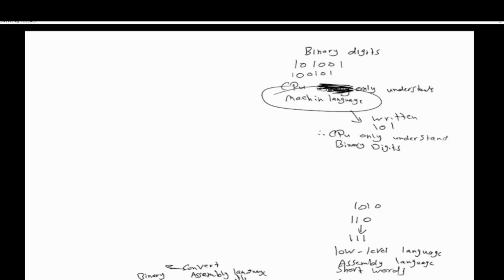So by creating assembler language, it was easier to write the code, and the errors were fewer than using the binaries. And the reason why it's called the low-level language is because it's so similar in its nature to the machine language.